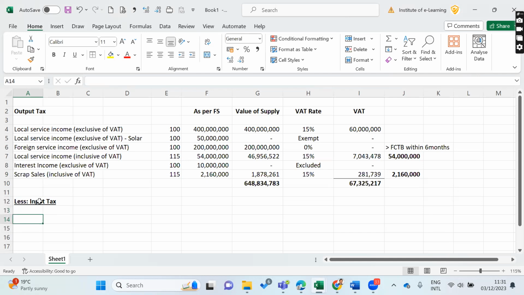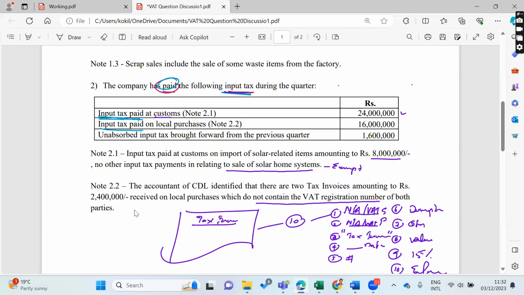Then input tax, what are the details? Then we'll go to the picture. First part, input tax paid at the customs, right?